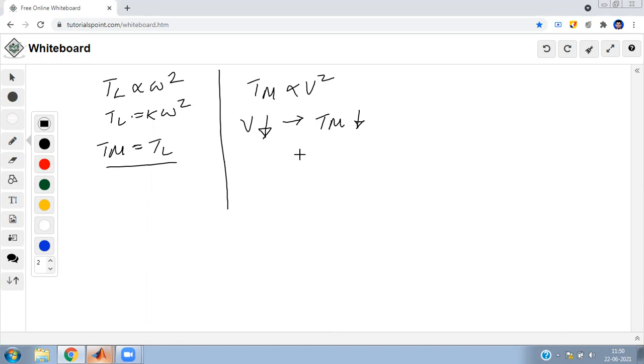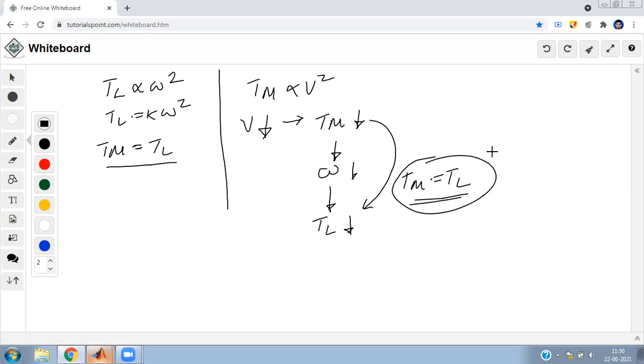But if fan type of load is there, with this reduction in torque, the speed also gets reduced, and so the load torque now offered is also less. Once again, with this new situation, you can have Tm equal to TL at reduced voltage, and so fan type of load can work with the reduced voltage, or stator voltage control method is good for fan type of load.